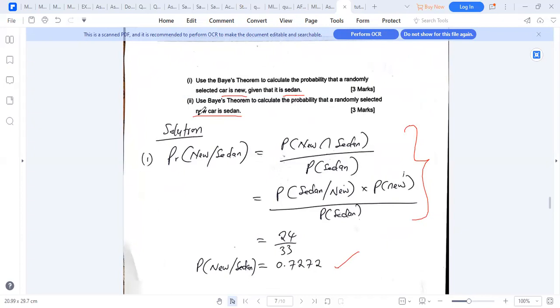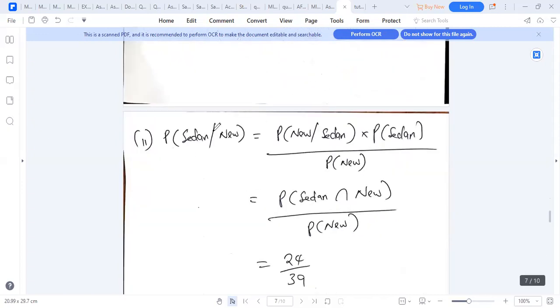Here, the probability that the car that was new is a sedan. If you just say new sedan, as some of you are making a mistake, you're just getting intersection. So it is probability sedan given new. Those that were using this copy got 100%. But you need to understand where your 100% is coming from.